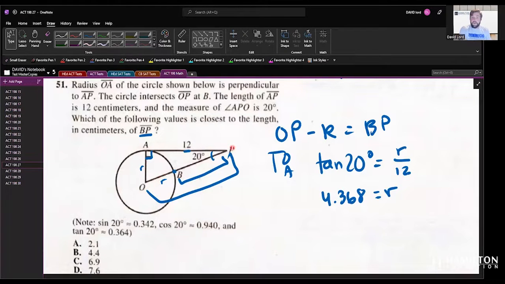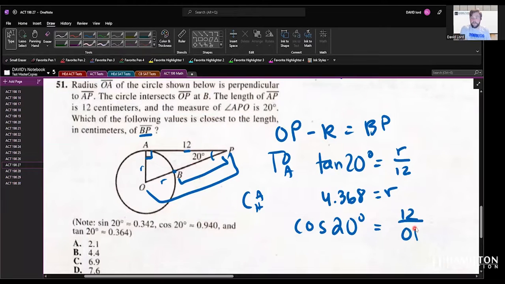Well, now we need to find OP. OP will be using the adjacent side and the hypotenuse, so that's going to be using cosine. OP is our hypotenuse, so I will need to erase this a little bit first. So cosine of 20 degrees is equal to the adjacent side 12 over OP.